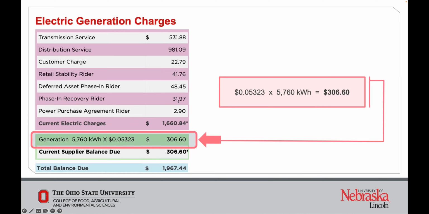But as we just looked at, there was a total of 4 of these items that were based on kilowatt hour fees. And so it's really important to see, yes, we pay 5.323 cents per kilowatt hour for generation, but there are additional fees based on energy consumption that would need to be lumped into that.